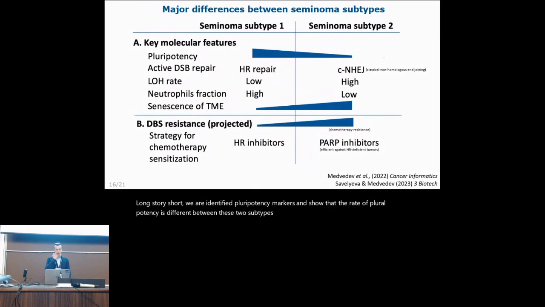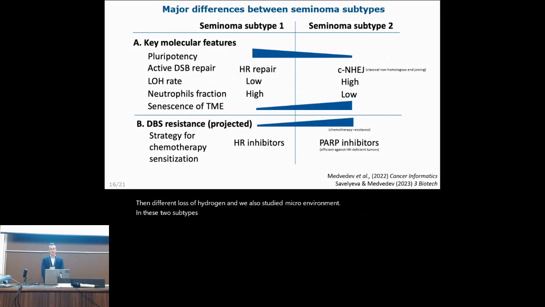Then, based on gene overexpression levels, we suggested that two different double-stranded DNA repair mechanisms are active in the two subtypes. This is especially important because the platinum-based chemotherapy mechanism is actually creating double-stranded DNA breaks. Then we looked at different loss of heterozygosity rates, and we also studied the microenvironment in these two subtypes.